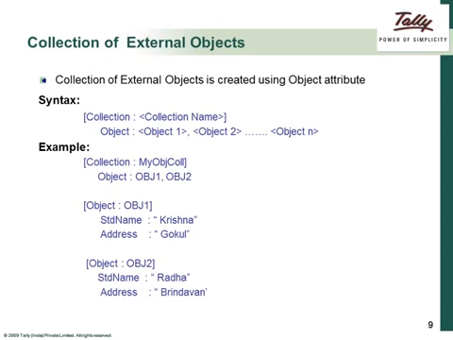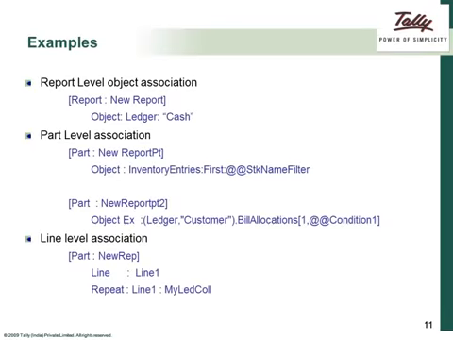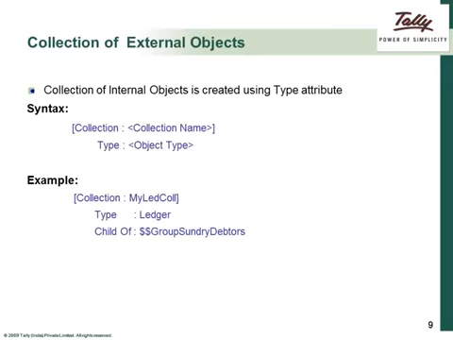Fine. So internal, external. Internal objects will be identified with the attribute called type. We already saw we have used type at a variable, but that indicates the data type. However, the type at collection indicates the object data type and not the value data type.